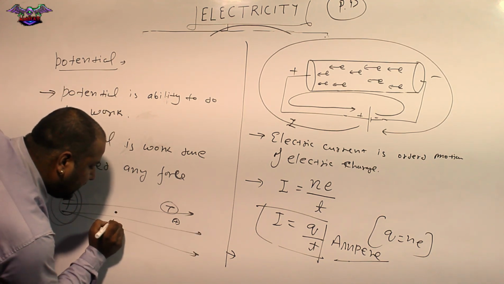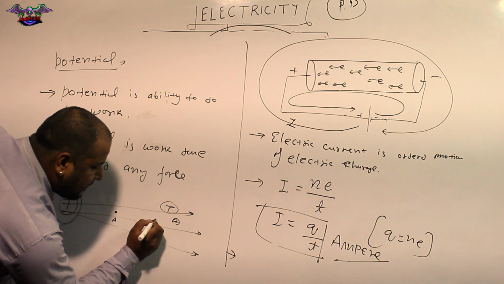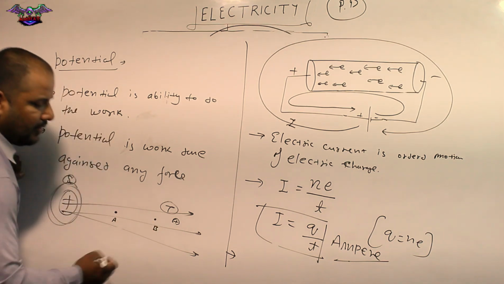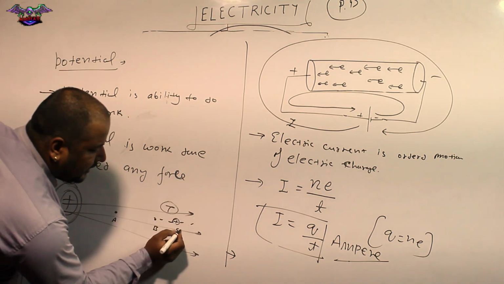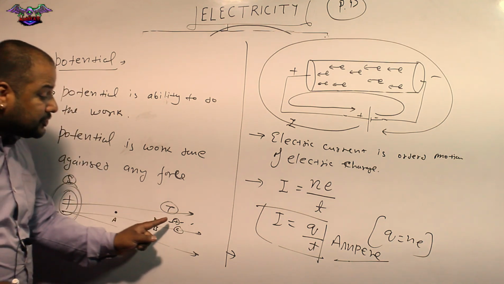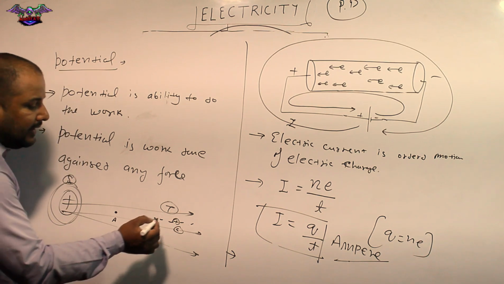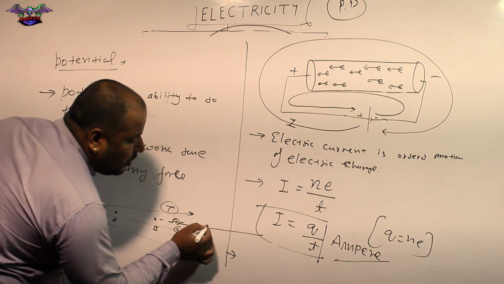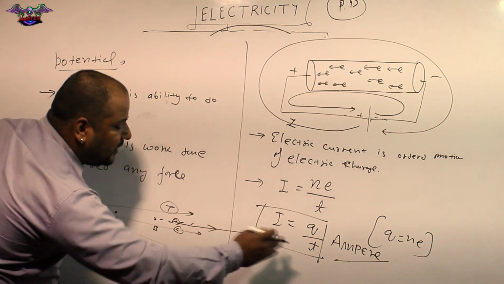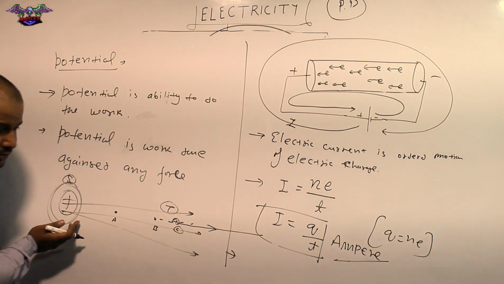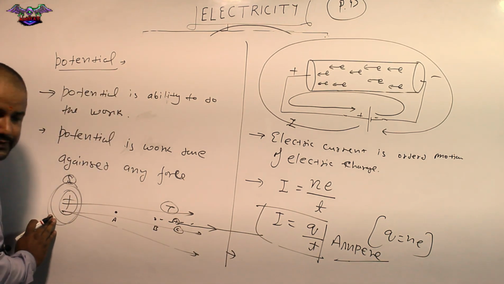There is point A, another point is B. Understand? And this is the point C. This test charge is at point C, right? So it has a tendency to go further towards infinity, but it will not come back towards the source charge.